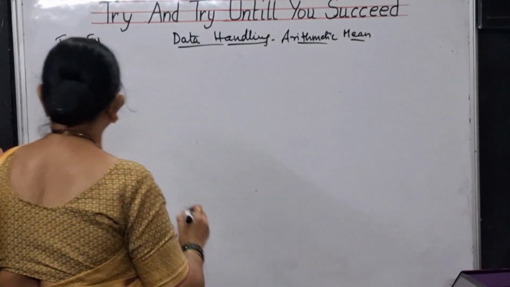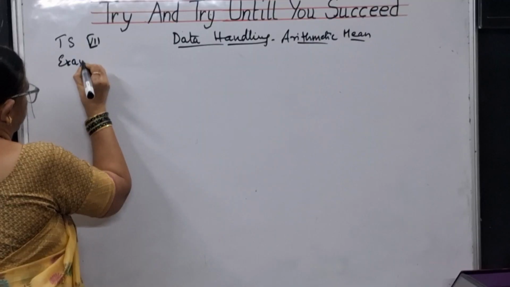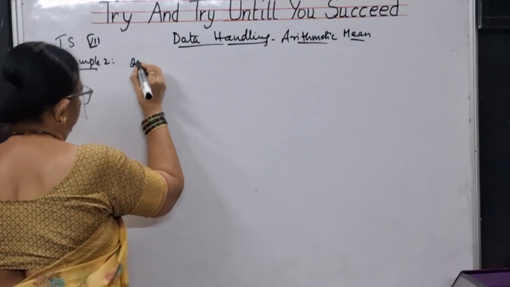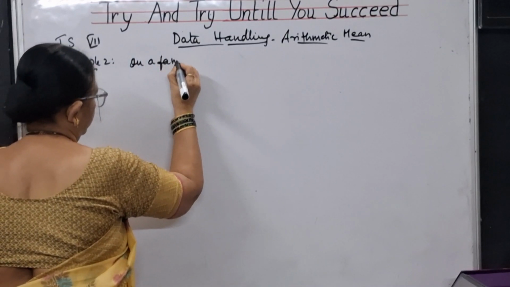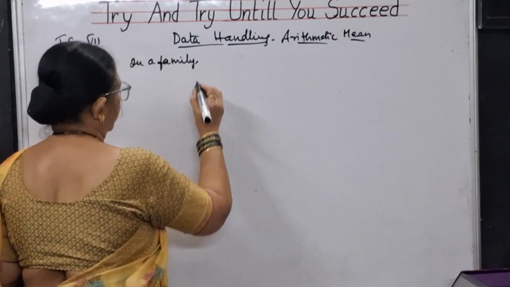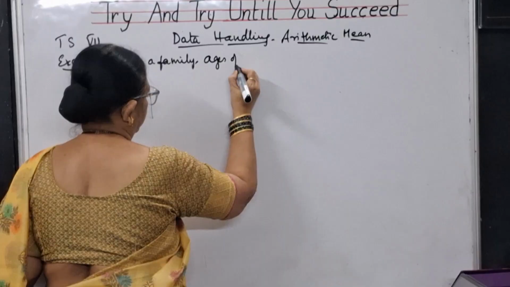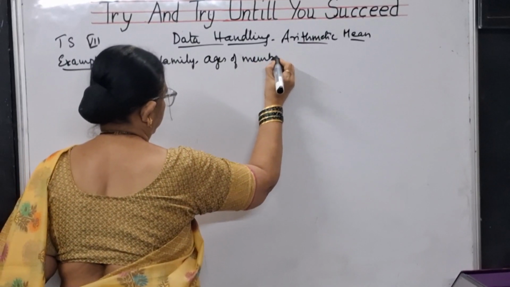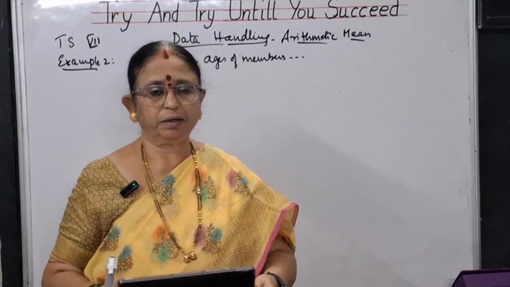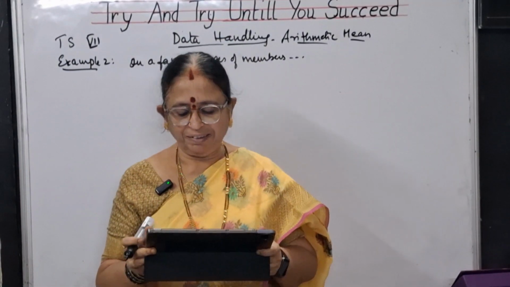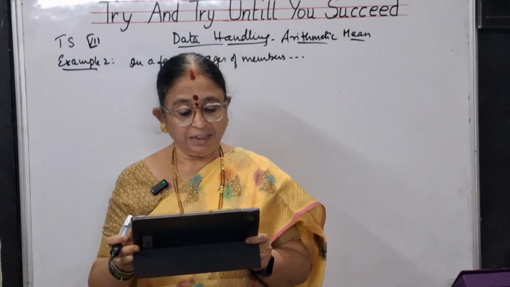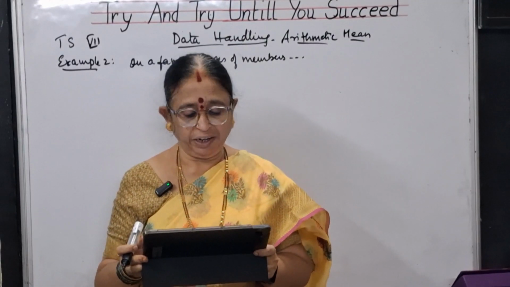We have got example 2. In a family, the ages of members Krishna, Radhika, Niharika, Nikhil are 44, 39, 17 and 12.